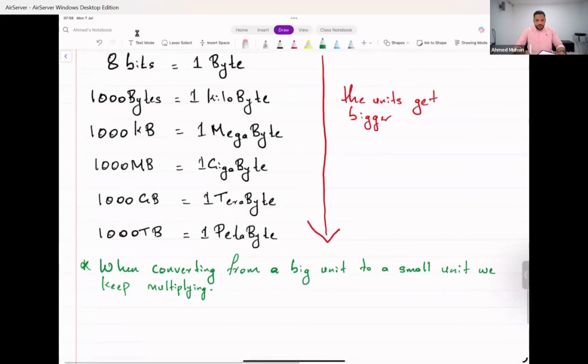Everybody okay with this? When converting from a big unit to a small unit, we keep multiplying.